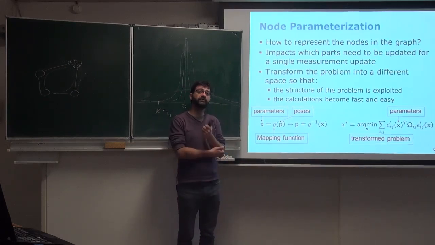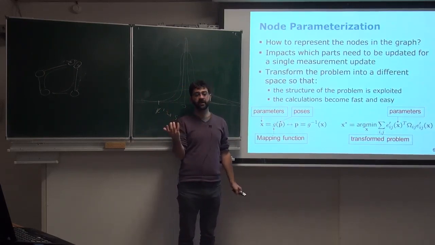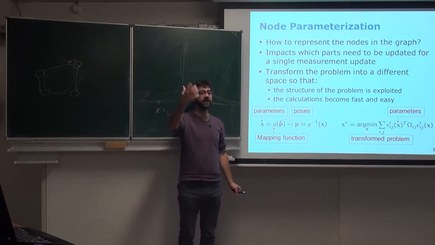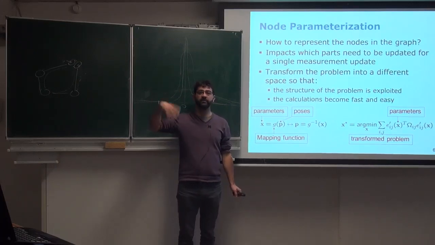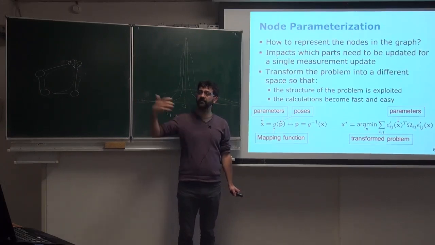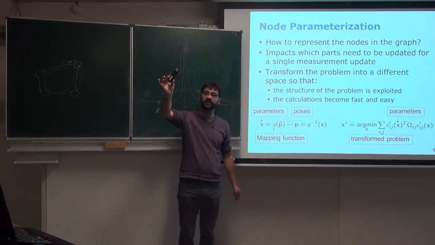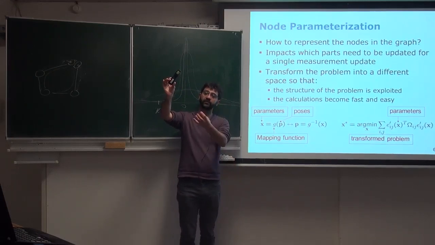One maybe intuitive way is if you do rotation in 3D. Okay? So you can parameterize a rotation by Euler angles, by quaternions, by rotation matrix, and so on. Okay? So this is a set of different parameterizations. They all express the fact that this thing is oriented like this in 3D space, but numerically they're different. And when you then compute the gradients, it depends on the way you parameterize things. Okay?